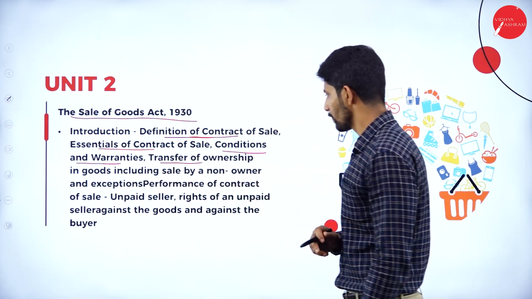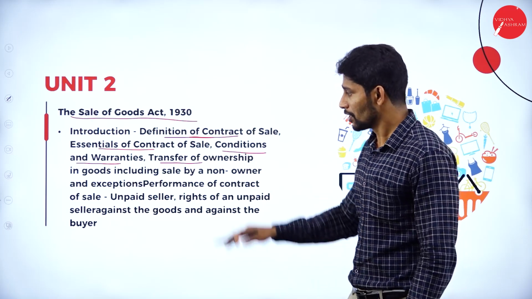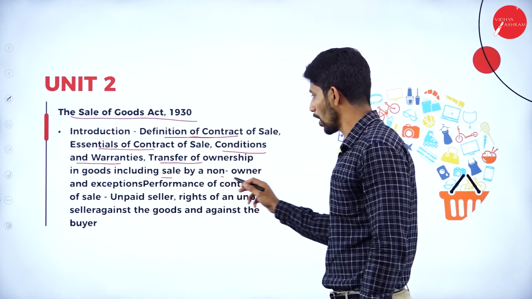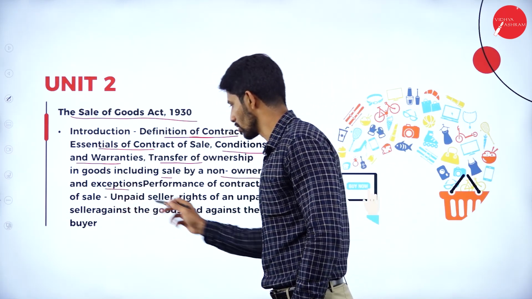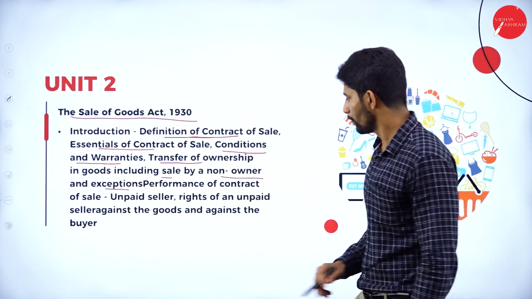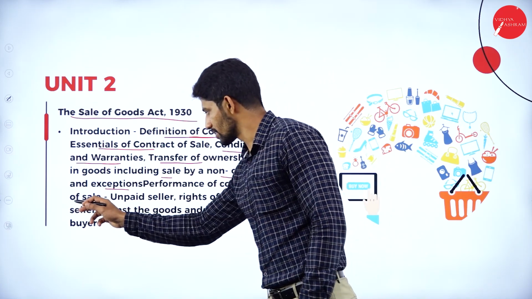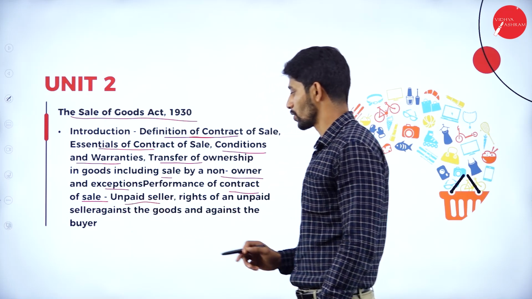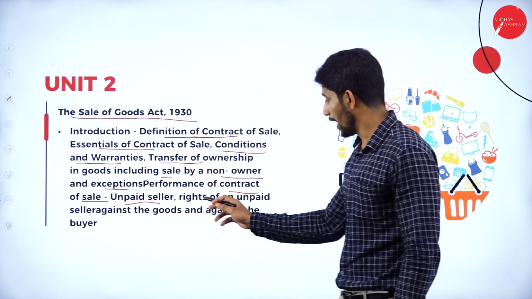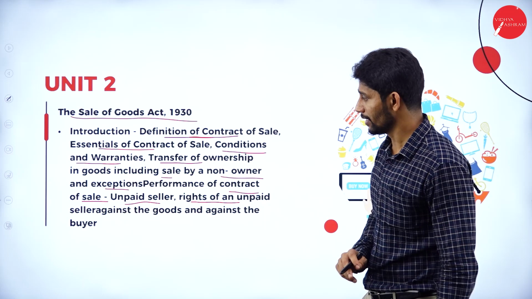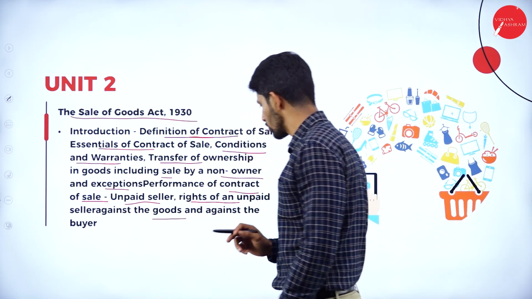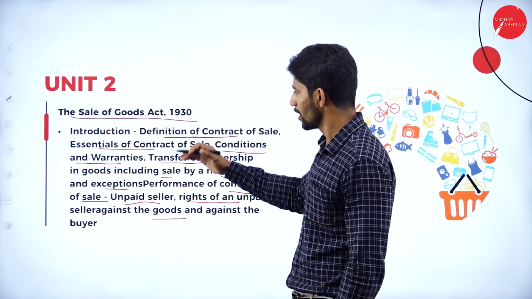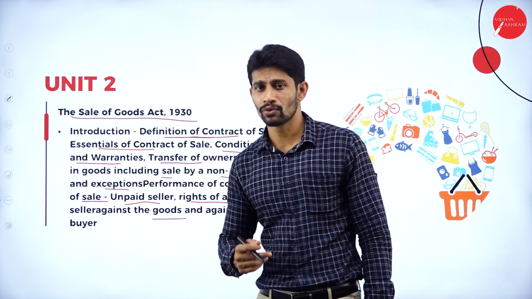And transfer of ownership in goods, including sale by a non-owner, and exceptions, performance of contract of sale, and also the unpaid seller, who is called an unpaid seller, and the rights of an unpaid seller against the goods and against the buyer. So these are all the different topics you will be studying under the Sale of Goods Act.